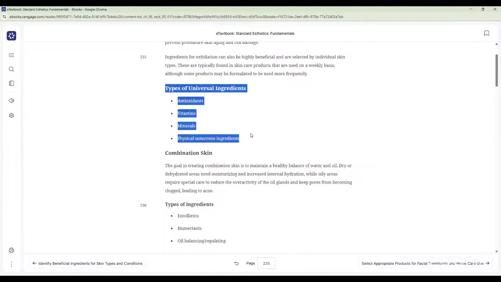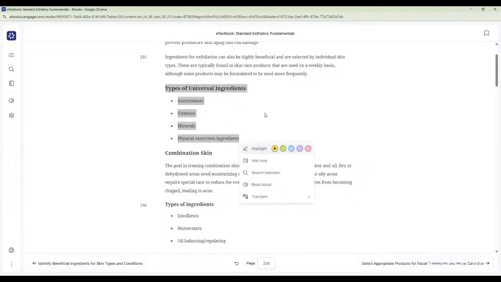And you have antioxidants, vitamins, minerals, and physical sunscreen ingredients. And so the objective is to know these ingredients front to back, know which ingredients they work with, what skincare they really work well in. So all skin types will have a variation of these ingredients.